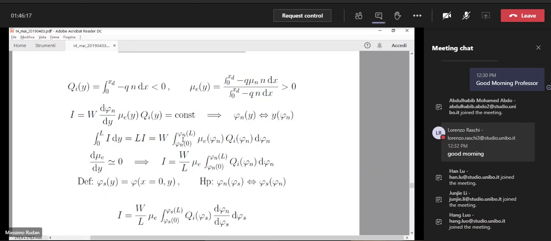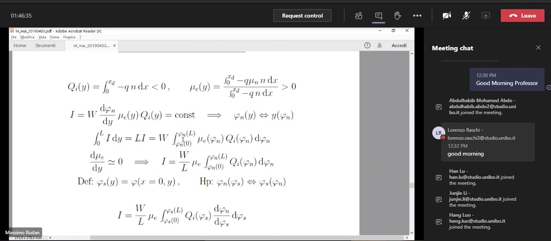Then there is the effect of the interface. You remember that the macroscopic model for the effect of the interface on mobility considers the normal component of the electric field.